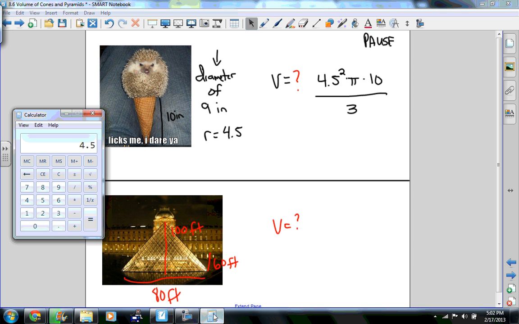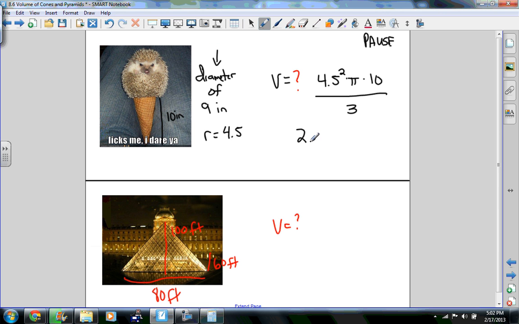So that's 4.5 times 4.5 times 10 divided by 3. 67.5 pi, or 212-ish inches cubed.